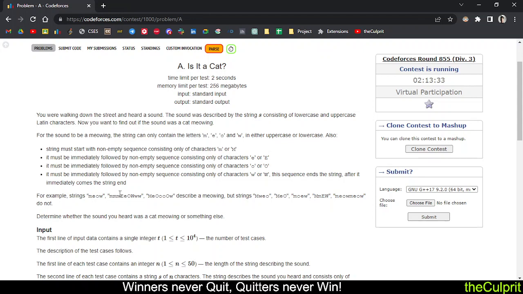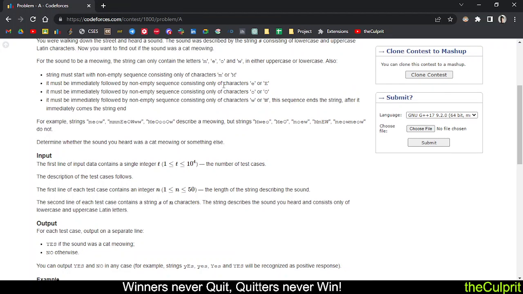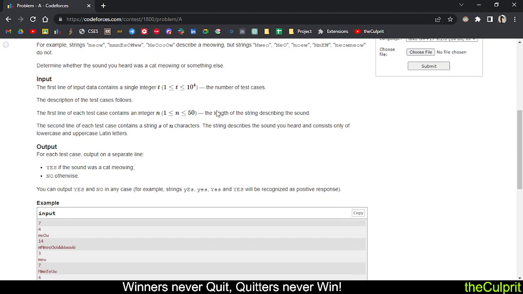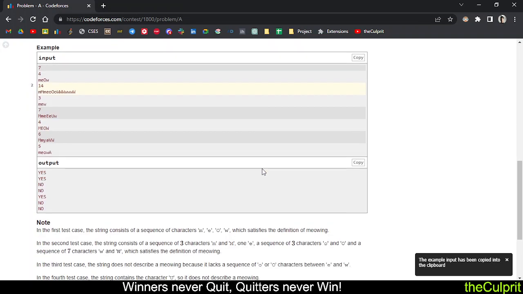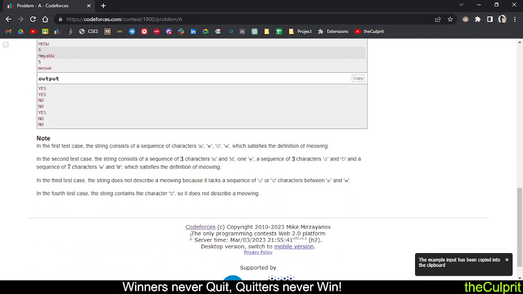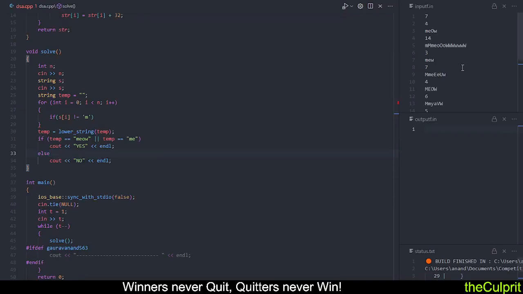If we find some other characters other than the specified ones, m, e, o, w, then we can output no. In this case, I think outputting no would be an easier task than finding out yes, because that would take more code to write it up.